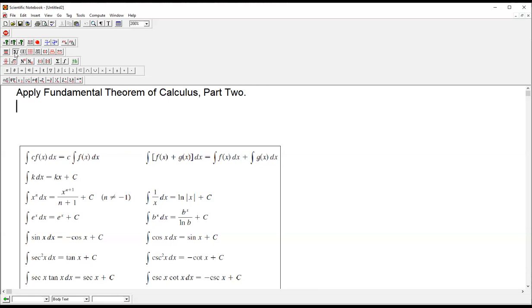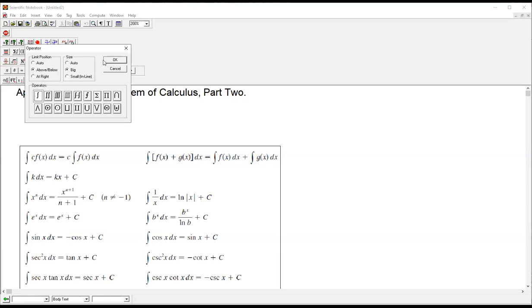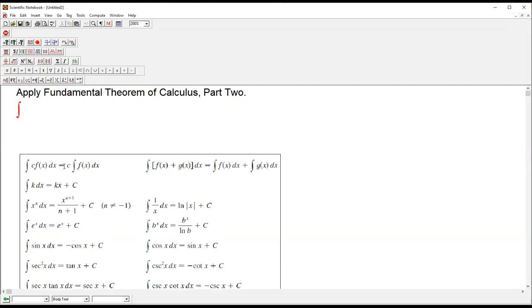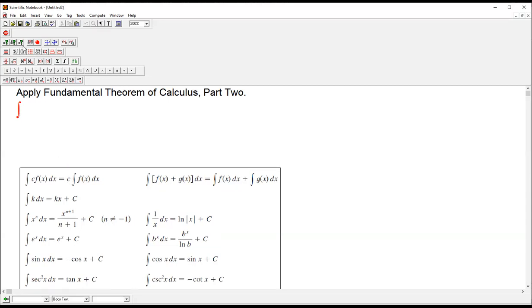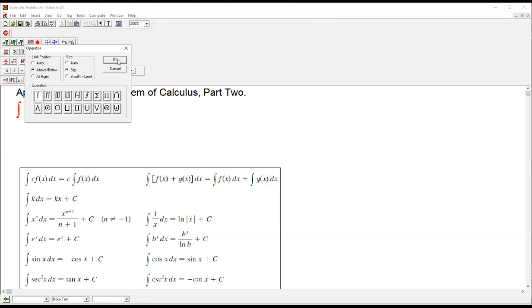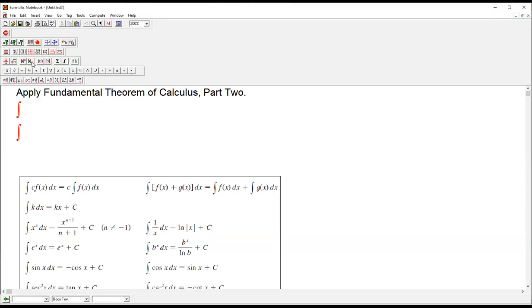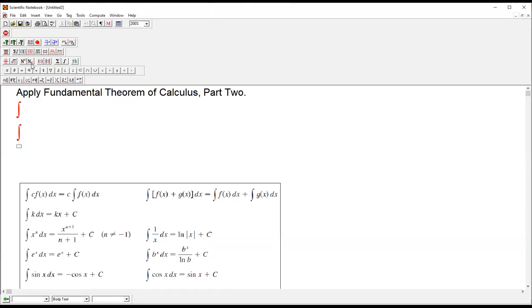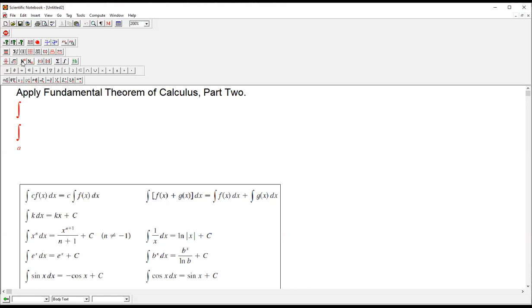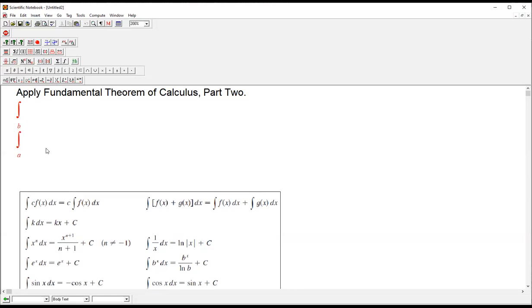let me bring up the notation. This is the notation for indefinite integral. And the definition for definite integral is that you would have a lower bound and you have an upper bound. Okay, so this is the indefinite integral notation.